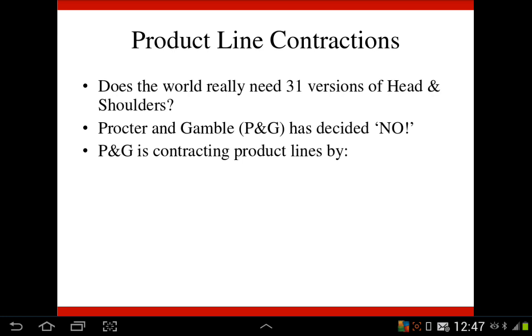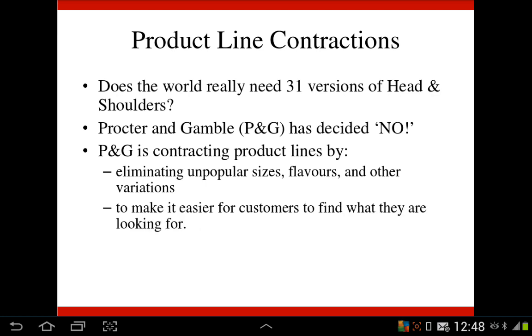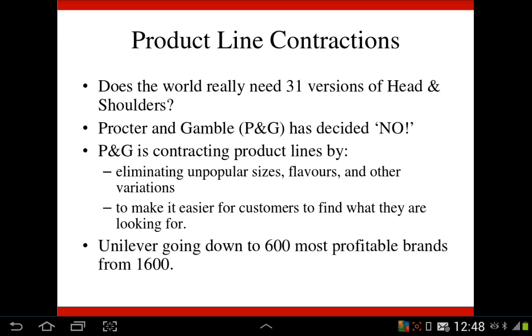They decreased the amount of products in their product lines by eliminating unpopular sizes, flavors, and other variations. Certain variations that people didn't buy very much, they just took out, so that it's also easier for customers to find what they're looking for. They don't have to look through 31 different versions to find the one that they like. And Unilever, which is also a very big company, has gone down to 600 more profitable brands from 1,600, focusing on the brands that are the most profitable.